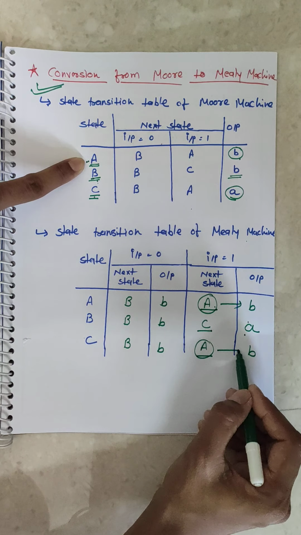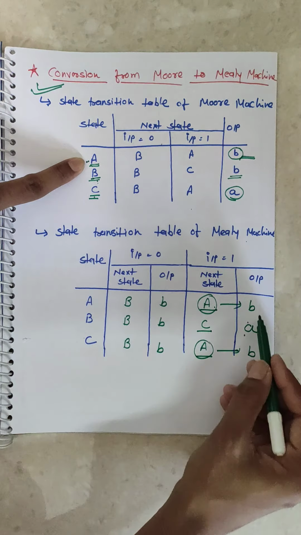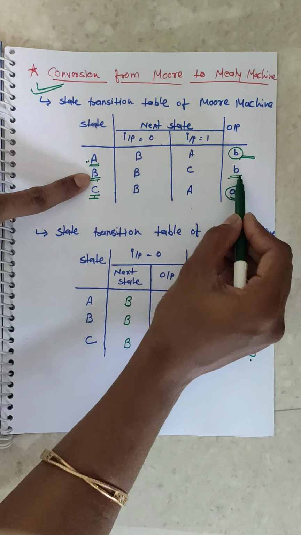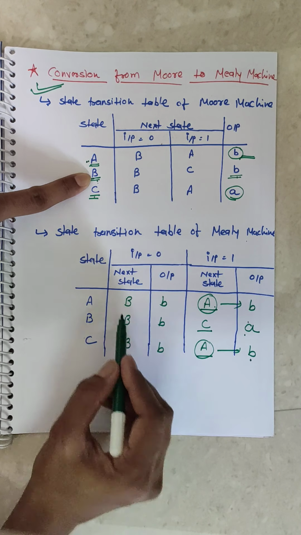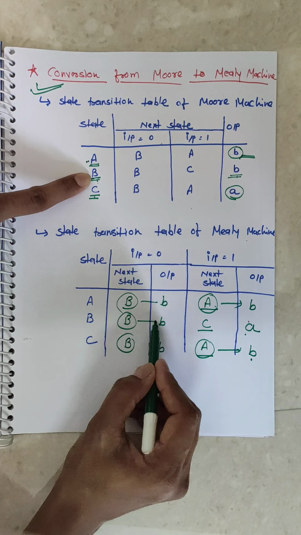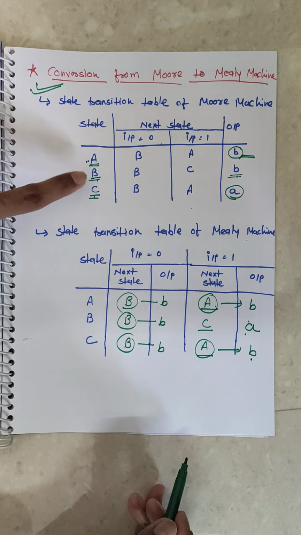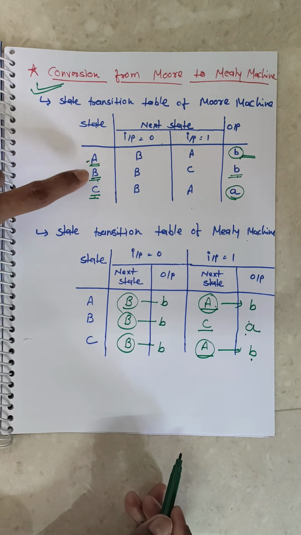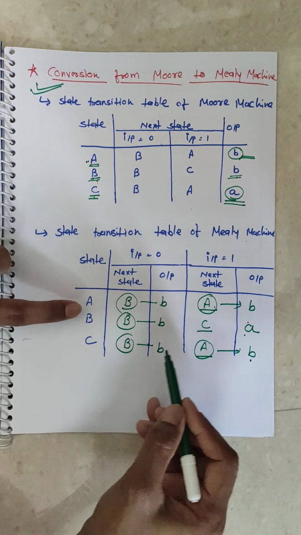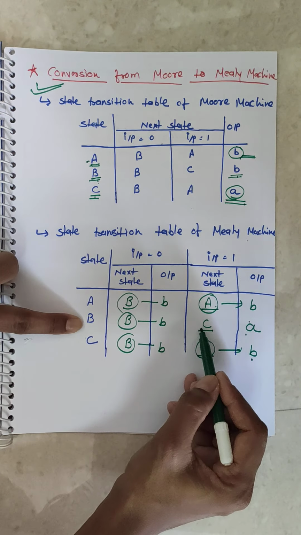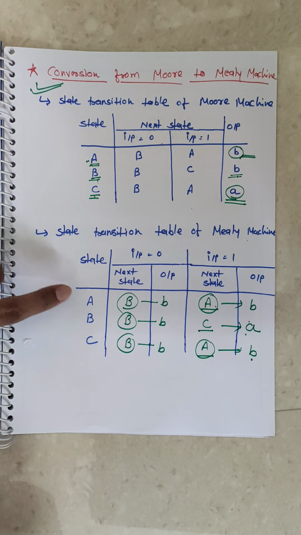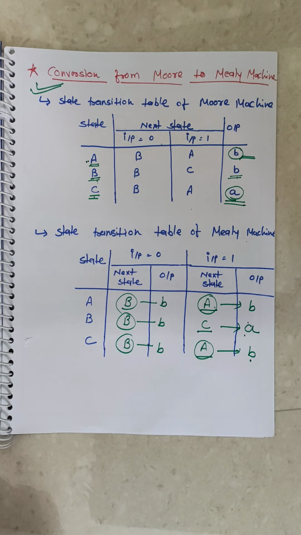So we get the output B. Same way for B, the output is B. We got B in the next state here, so the output at this one is B. Same way for state C, the output is A. We find where C is in the next state, so the output is A. So this is the transition table of the Mealy machine.